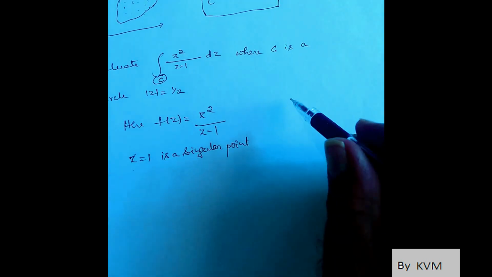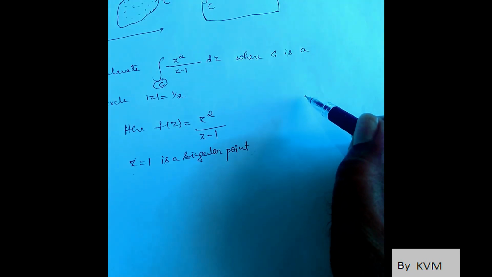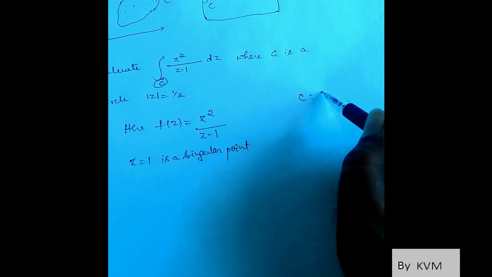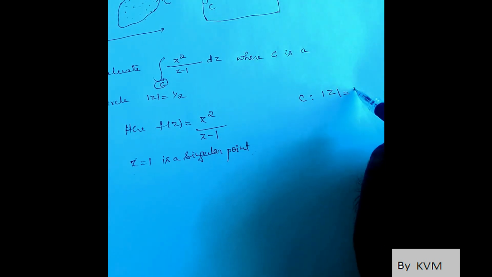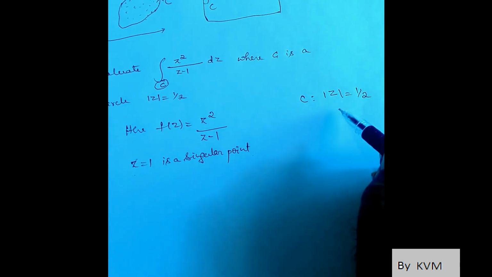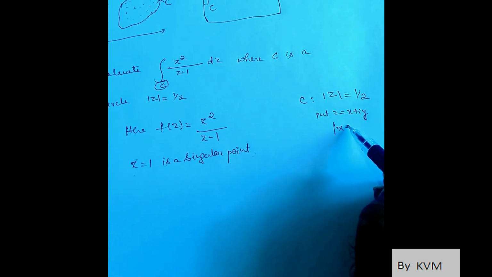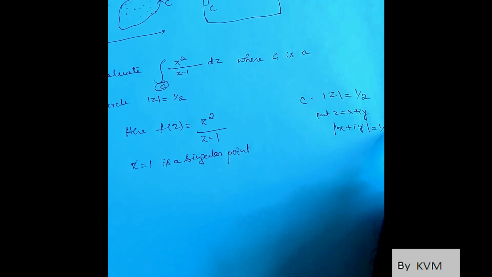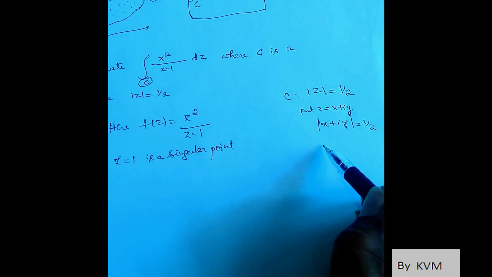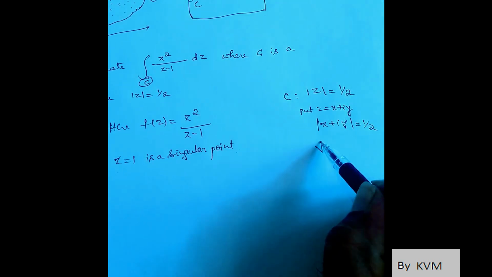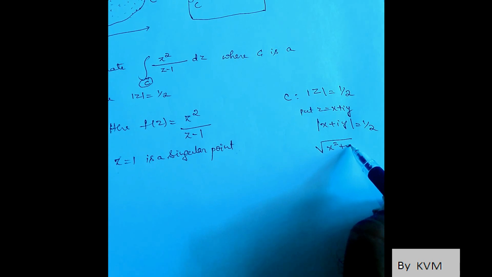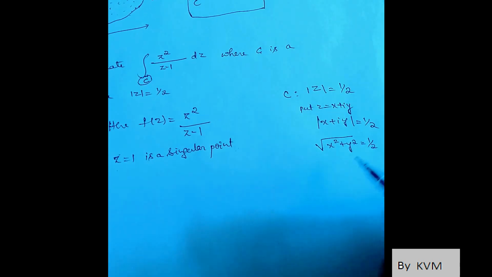Now the given closed curve C is the circle mod z equals 1 by 2. If you put z equals x plus iy, then modulus of x plus iy is equal to 1 by 2. Modulus of x plus iy is nothing but square root of x square plus y square equals 1 by 2.